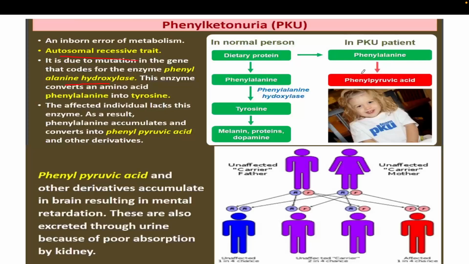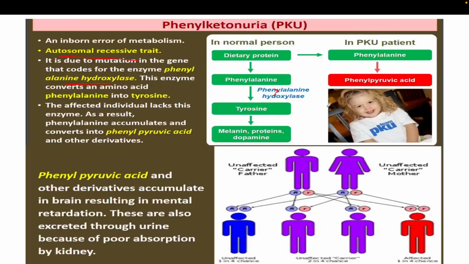When it is mutated and phenylalanine hydroxylase won't form, then phenylalanine can't be converted into tyrosine. That's why phenylketonuria occurs.